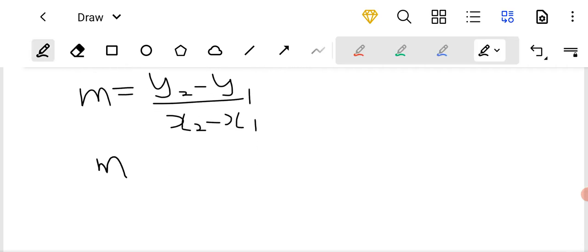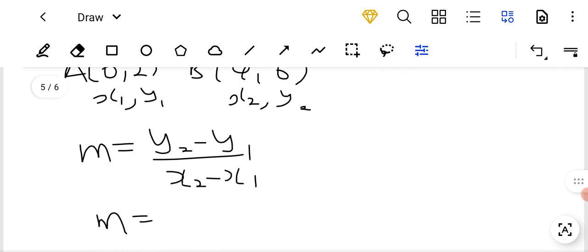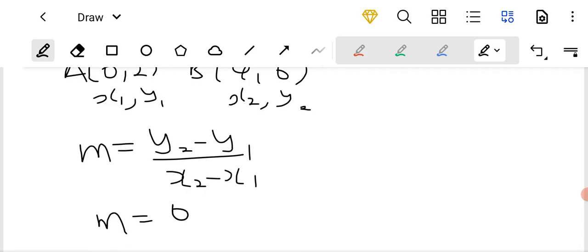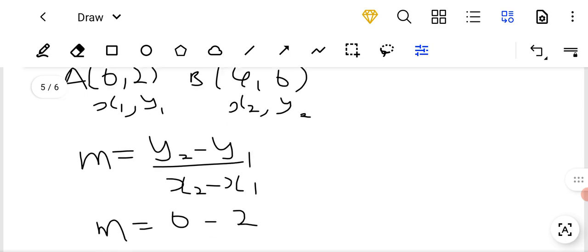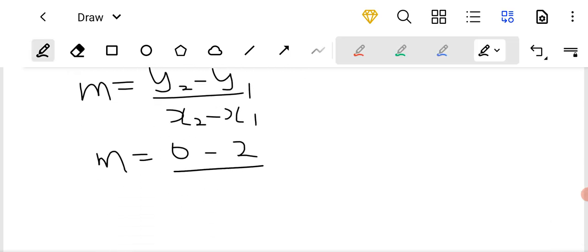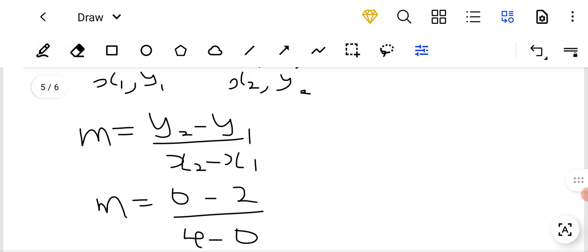Your m would be equal to your y2, which is 0, y1 is 2, x2 is 4, x1 is 0.